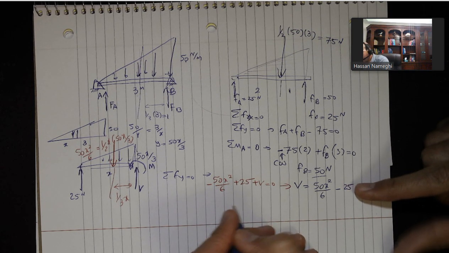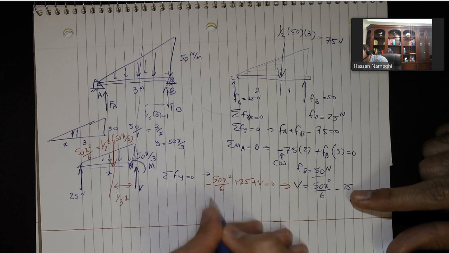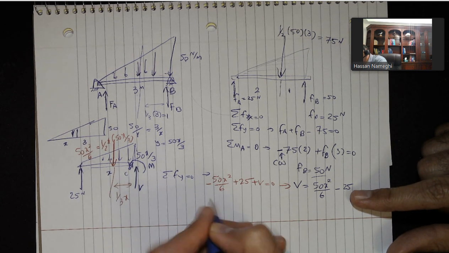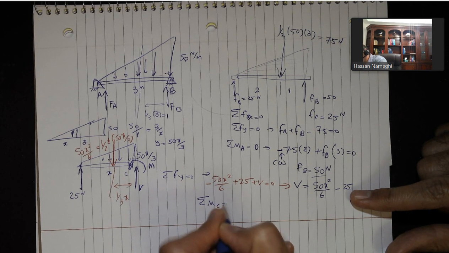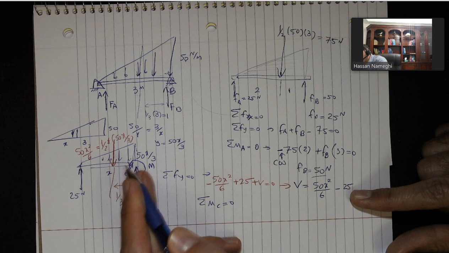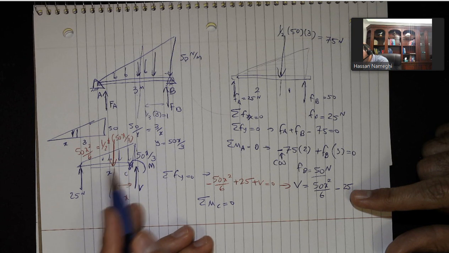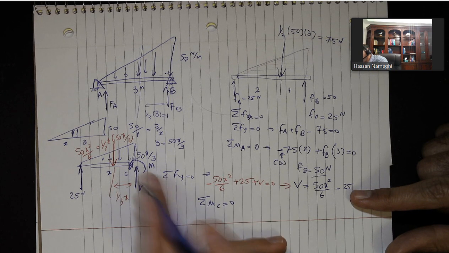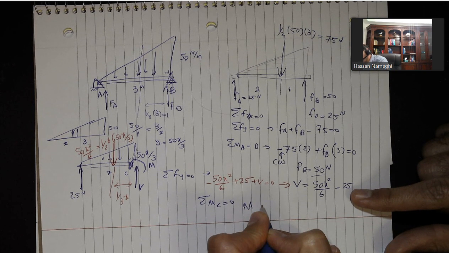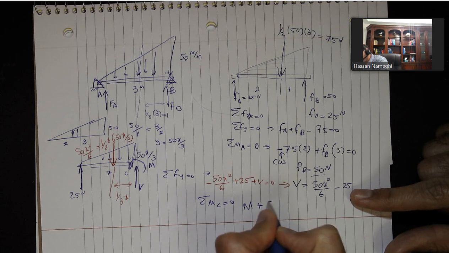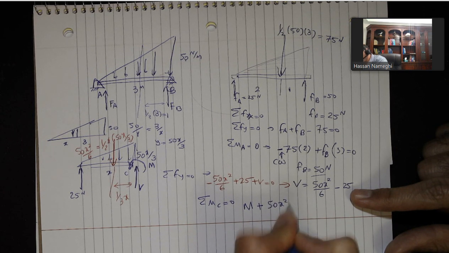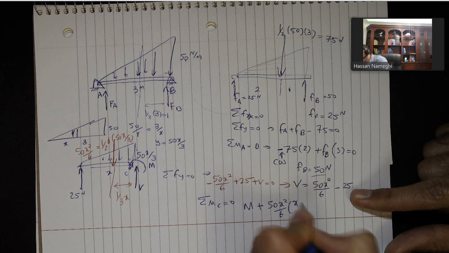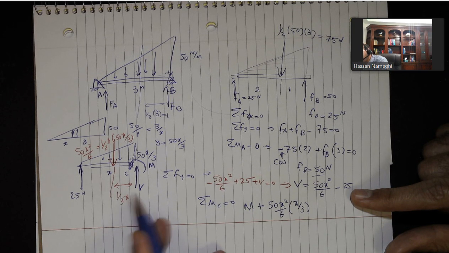For bending moment, we apply the same thing. Sum of moment, I'm going to consider this point C. Sum of moment about point C equal to 0. Again, V doesn't have any moment because it's on that point. So we have M plus 50x squared divided by 6 times the distance of a third of x.